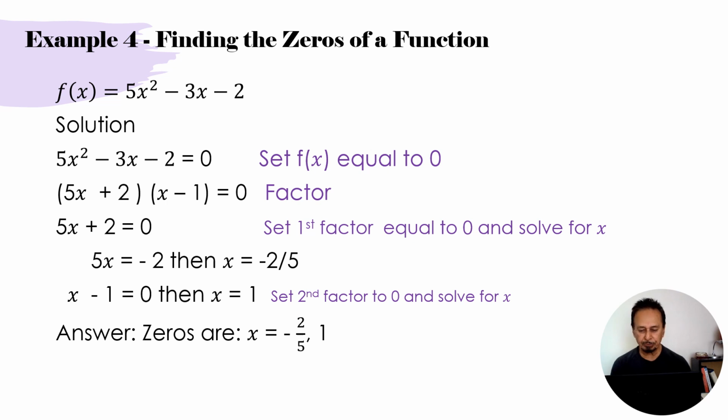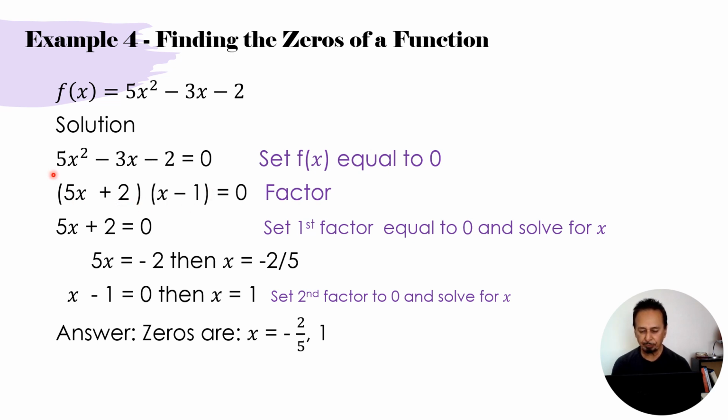Finding the zeros of a function. f(x) equals 5x squared minus 3x minus 2. So we set the function equal to 0. And now it's a quadratic equation, so we try to factor. Factors of minus 2 would be plus 2 and minus 1.